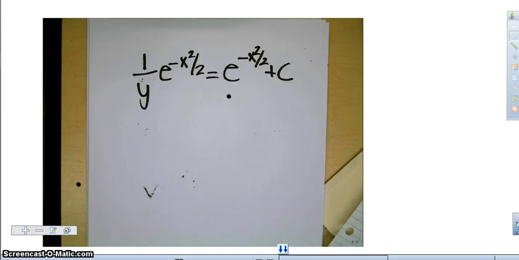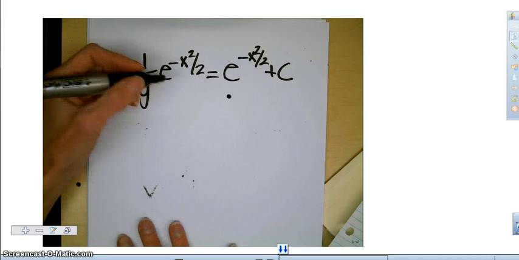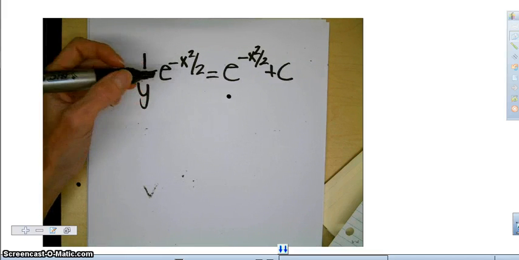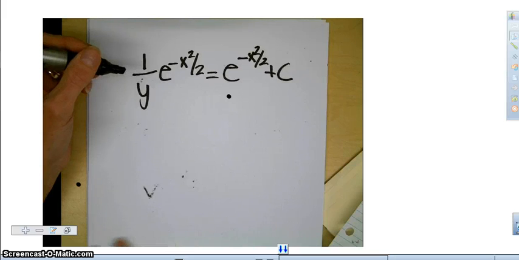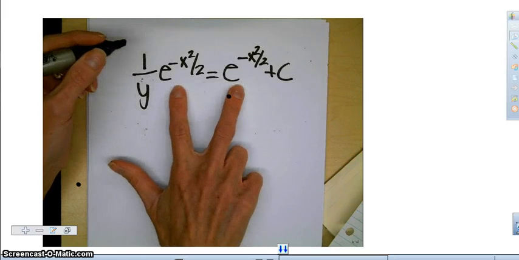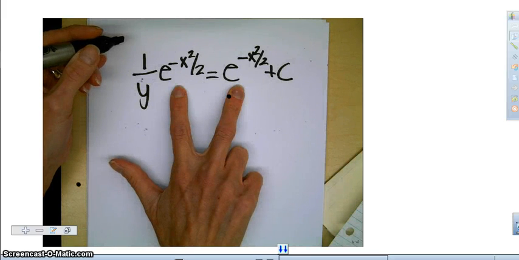You're going to multiply everything by y? Yeah, we could do it that way. Although aren't these two technically on the bottom right now? These e to the exponent things?